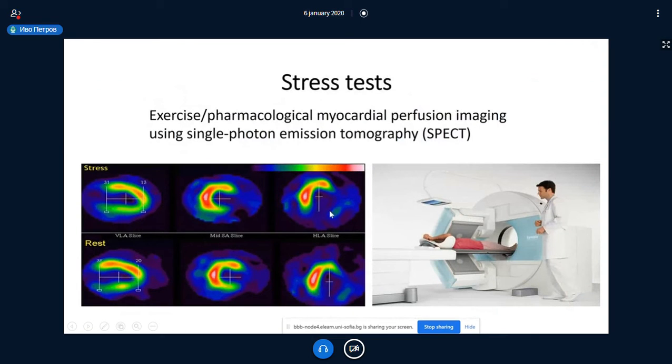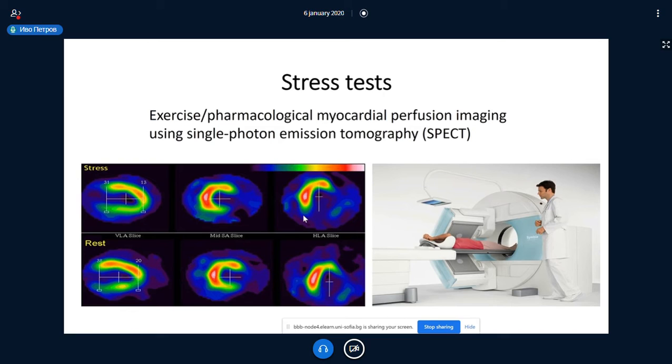This is an example of a stress test combined with stress scintigraphy. In the stress scintigraphy, this is the so-called SPECT, single photon emission tomography. In most cases, we are using technetium, a nuclear radioactive agent, applied intravenously.